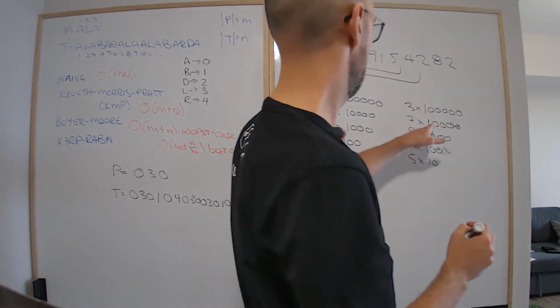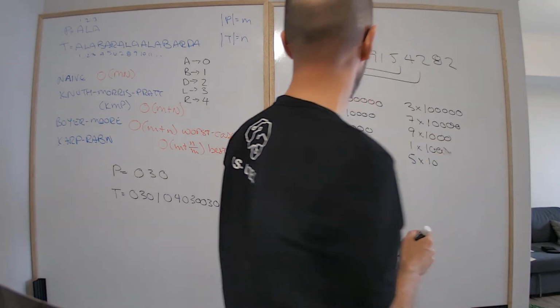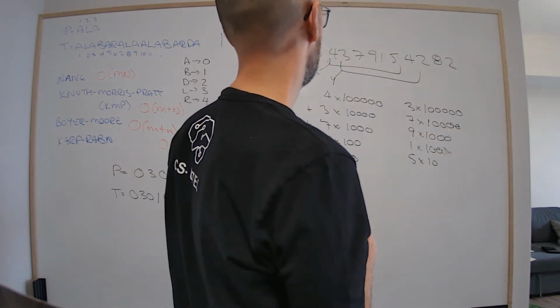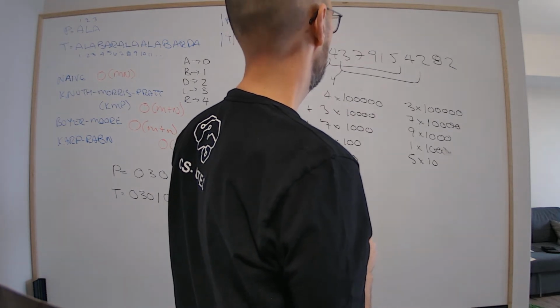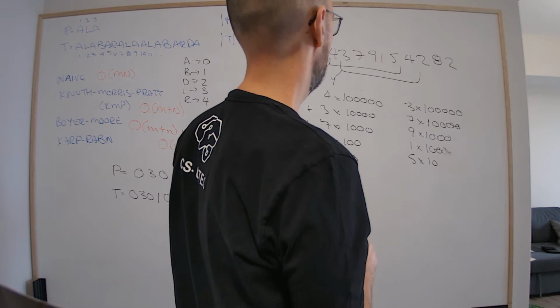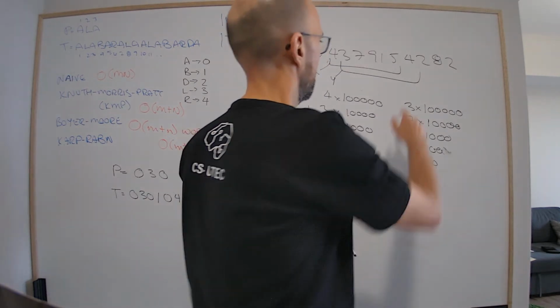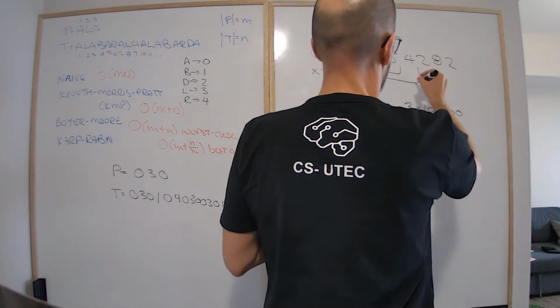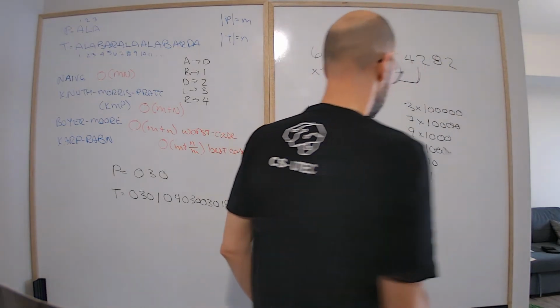I've lost one. 100,000, 10,000, 1,000. 7 times 10,000, 9 times 1,000, 5. Oh, wait, yeah, this goes up. This is here. It doesn't include the 2. 5 times 10, 4 times 1.